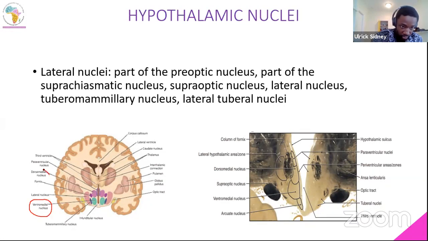When you're talking about the dorsal medial nucleus, you see it's above. Ventral medial, because here is the ventral, this place is dorsal, and medial because obviously it's close to the midline. So this is it. And this is the third ventricle. And obviously lateral to the third ventricle, if you have a nucleus, you call it the paraventricular nuclei.